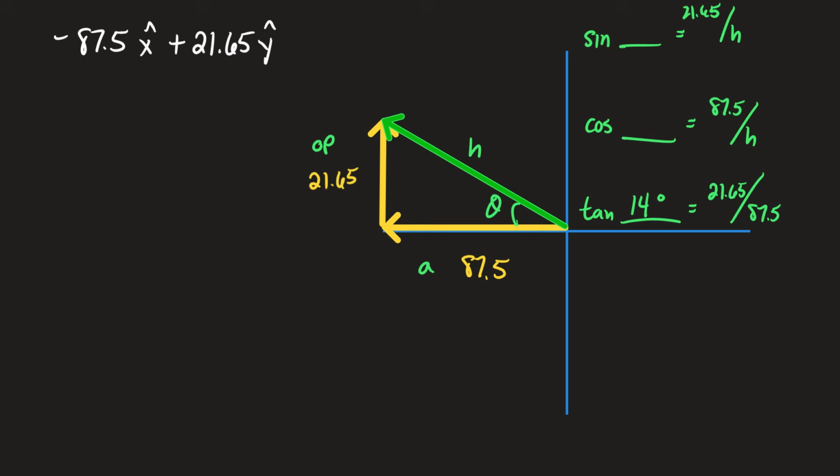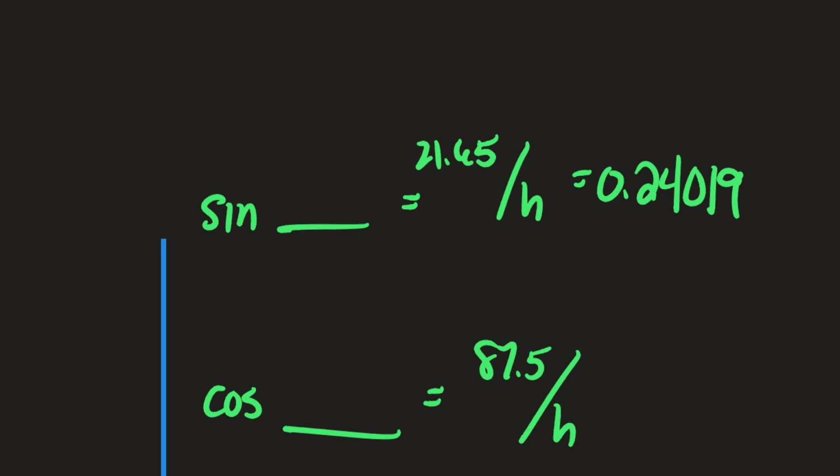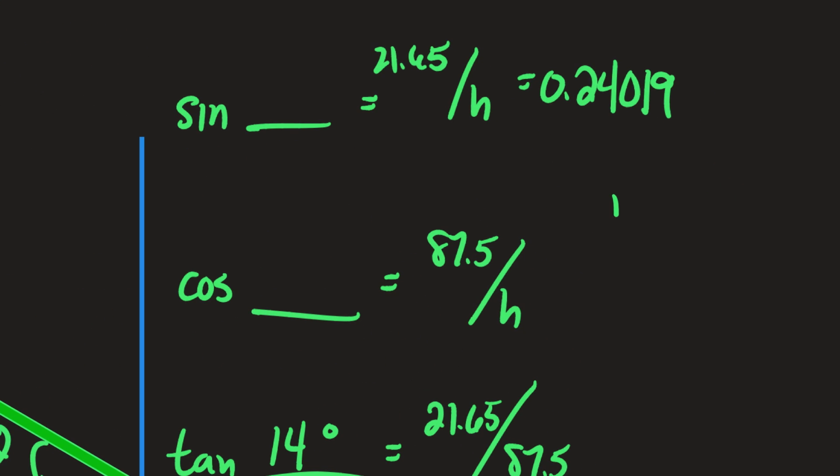Sine of my answer. And I get 0.24019. So if I want to get the hypotenuse, I can say the hypotenuse equals 21.65 divided by 0.24019.